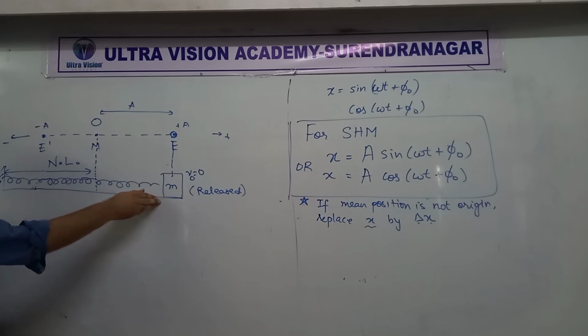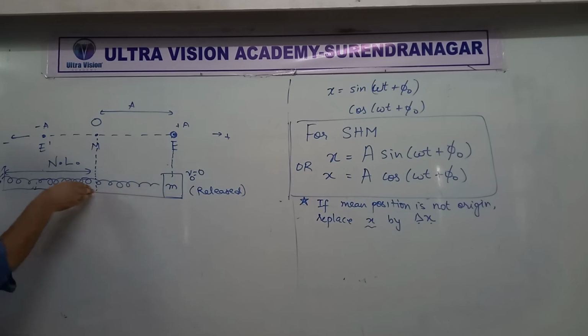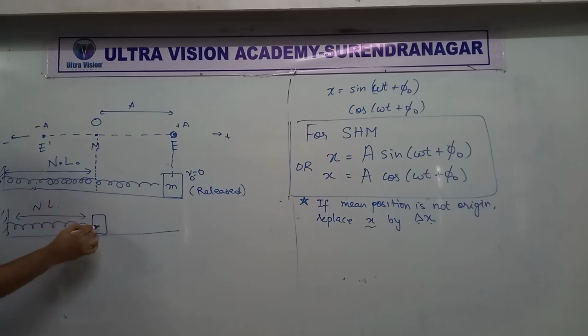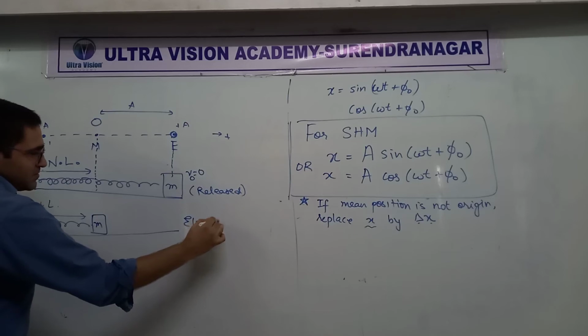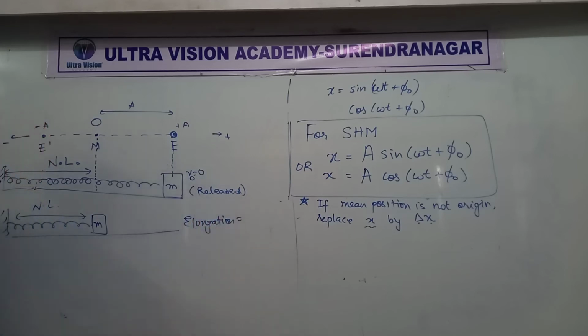But as it moves towards the left side and comes to this point, after some time over here the spring will be at natural length, correct? So how much is the elongation of the spring when it comes here? 0.